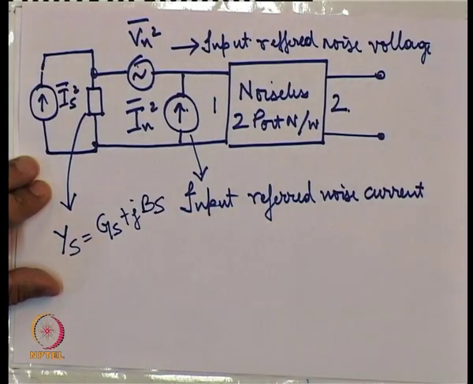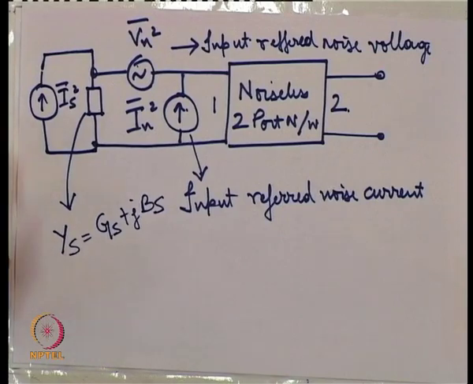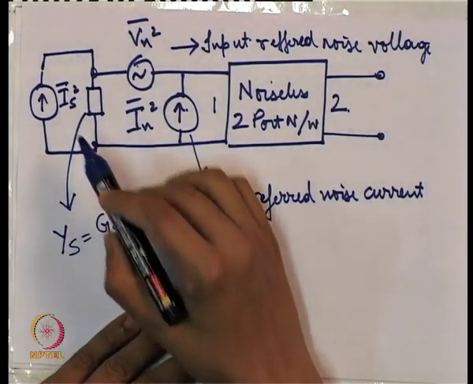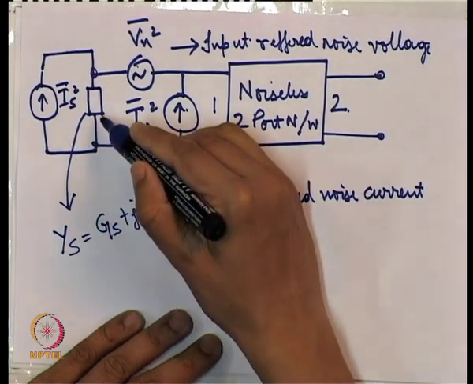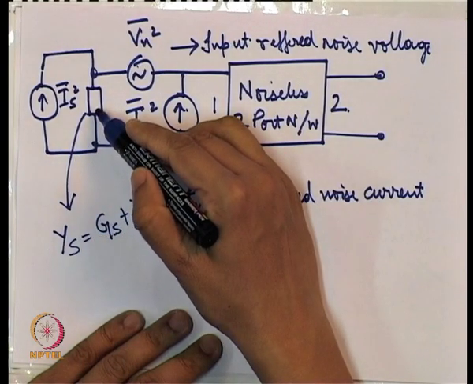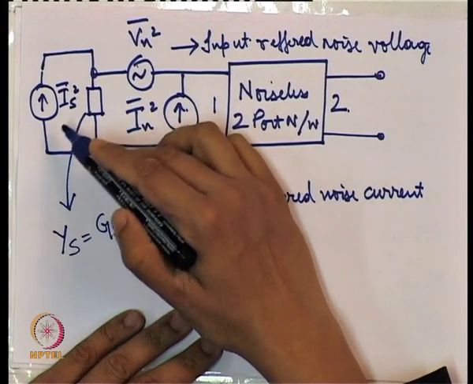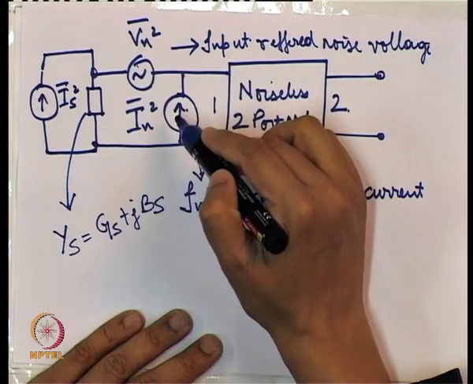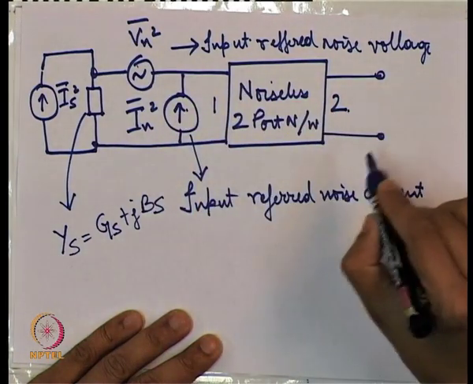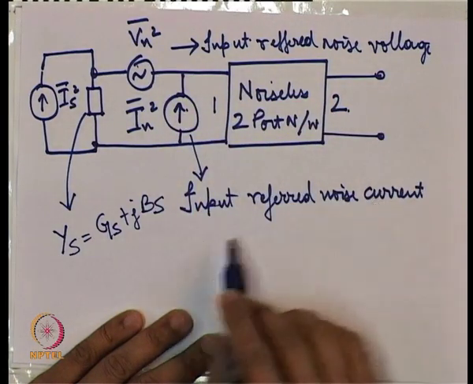Now suppose this is our entire arrangement. This is our input noise current source. This is the impedance or admittance of this noise source. These are the Vn square and In square of the input referred noise voltage and noise current.